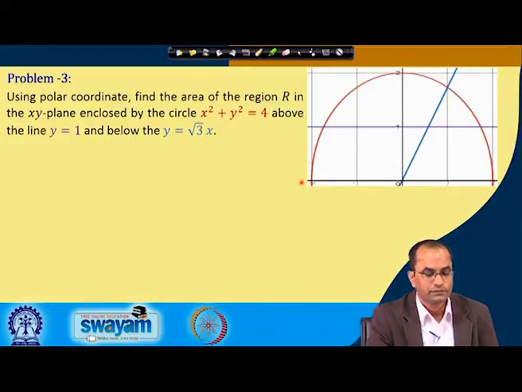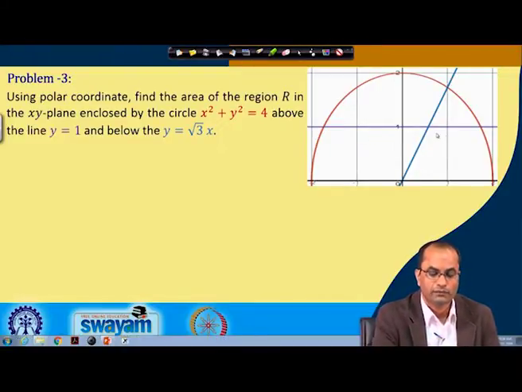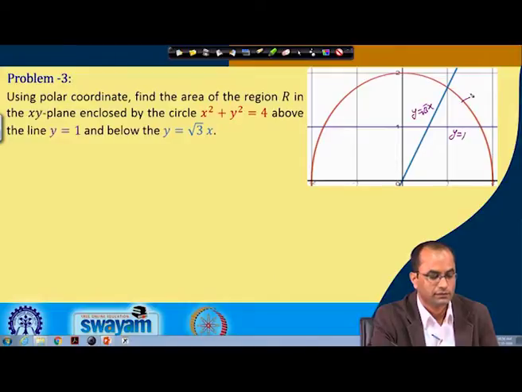So, that is the situation, the circle, and then we have this line y is equal to square root 3 x, and the line y is equal to 1, and this is the circle given by x square plus y square is equal to 4.